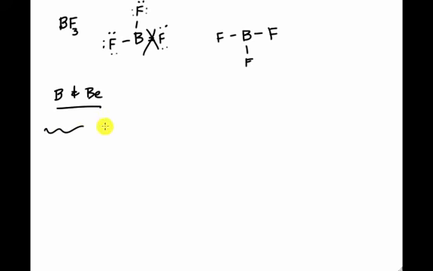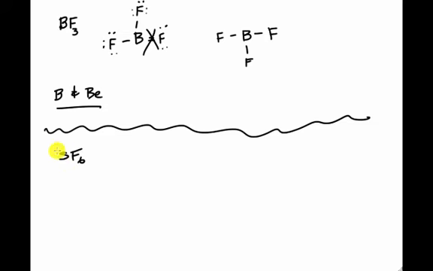The other exception to the Lewis structure rules is something like sulfur hexafluoride. I'm not going to go through the steps, but if you try to do the calculations, it's going to say something like 4 bonds. Well, think about it. If I have sulfur and 6 fluorines around it, I'm going to need more than 4 bonds for these 6.